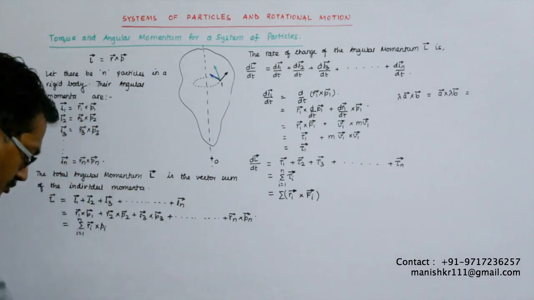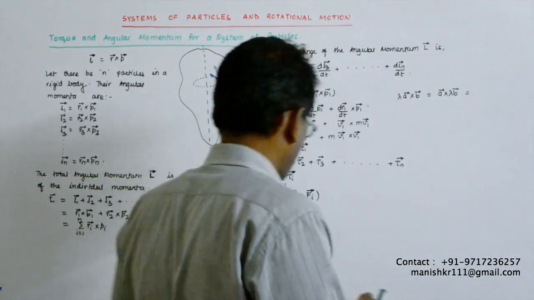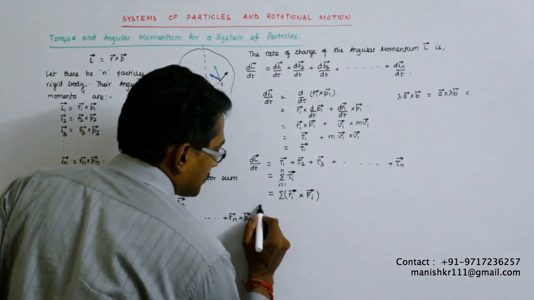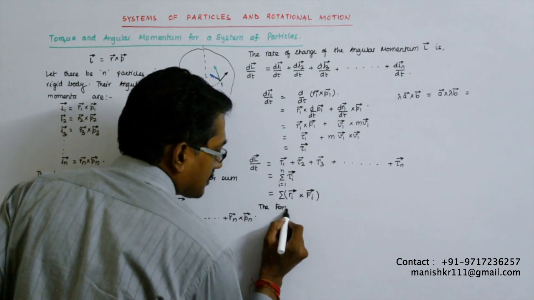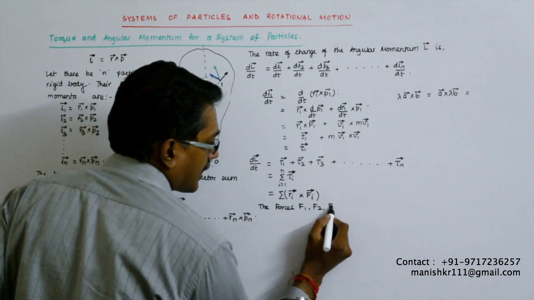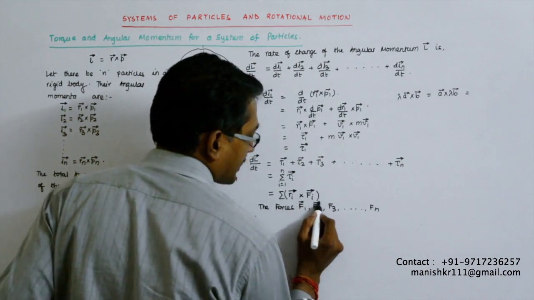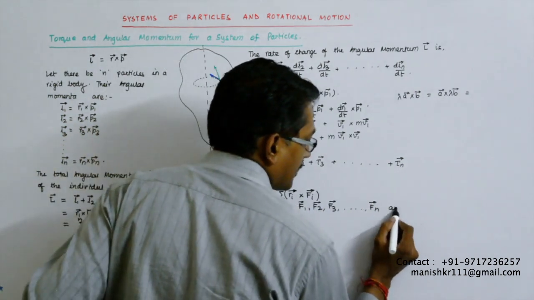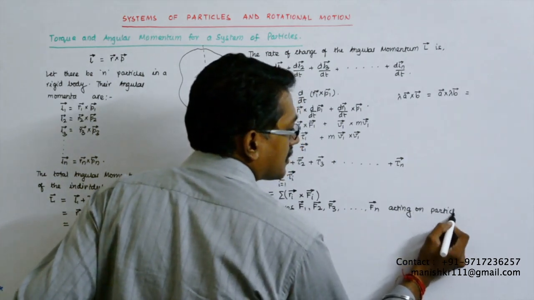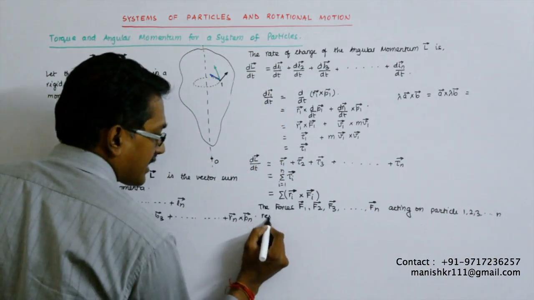So the forces F1, F2, F3, Fn, and they are all vectors acting on particles 1, 2, 3, n respectively.